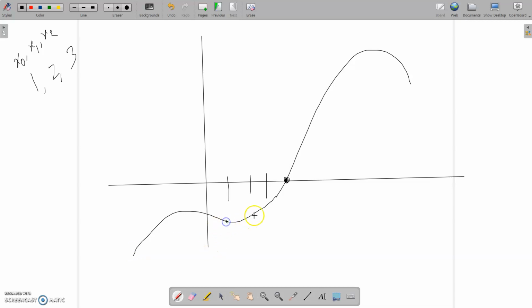This is my point, this is my point, this is my point. So I have 3 points, and I am going to plot a parabola that goes through these 3 points. Okay, so this is my parabola. The shape is not good, but it will work. So just understand: from the assumption, I am trying to fit a parabola through these 3 points.